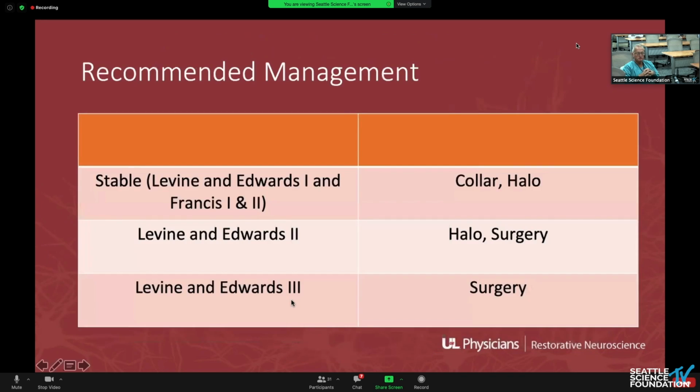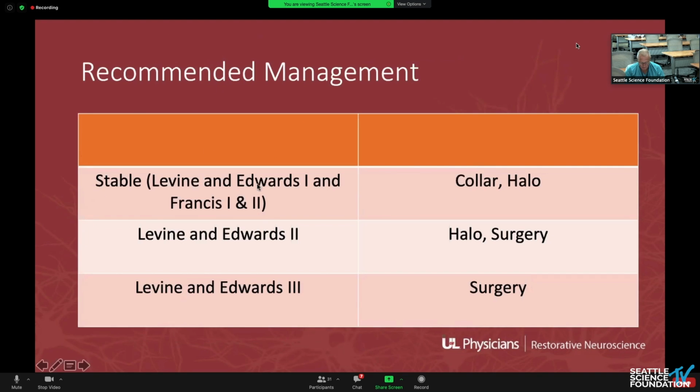What they have shown is that the majority of Hangman's fractures are these types. About 50 or 60% of them are atypical, and they tend to be associated with more neurological deficits. So it's important to recognize these fractures.